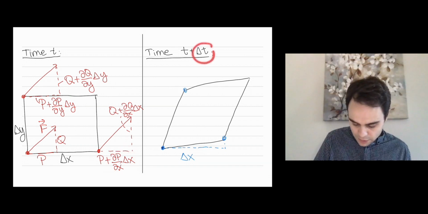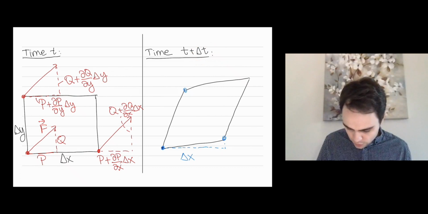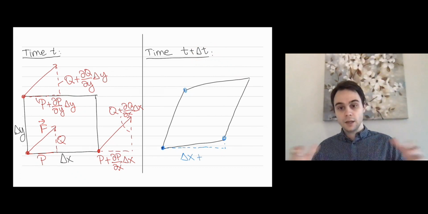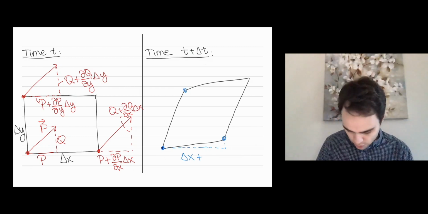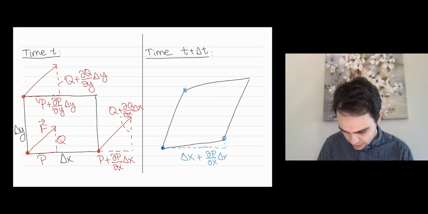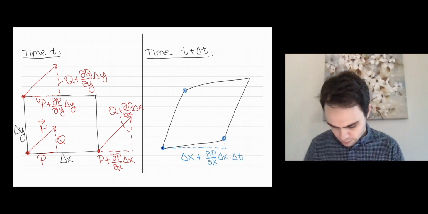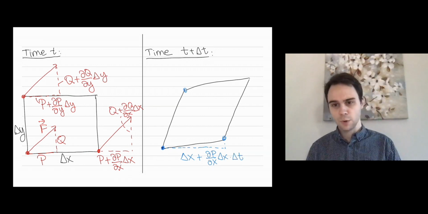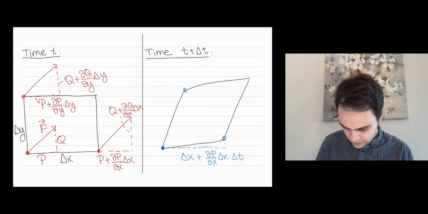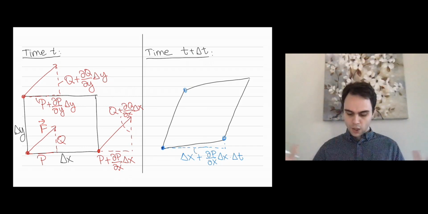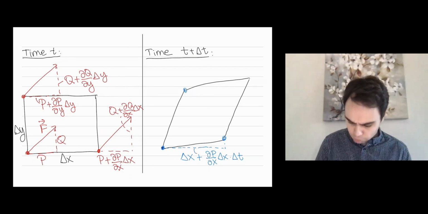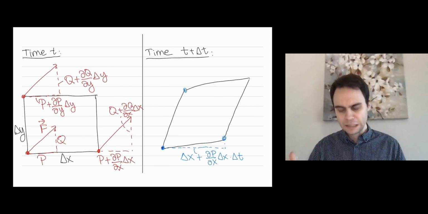The amount of time that has passed is delta t, so the new distance is the original distance plus the drift, which is the difference in the x component of the velocities times the amount of time that has passed. This is how the x components of the two points at the bottom differ.